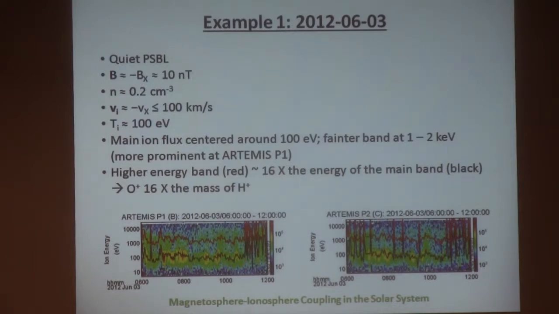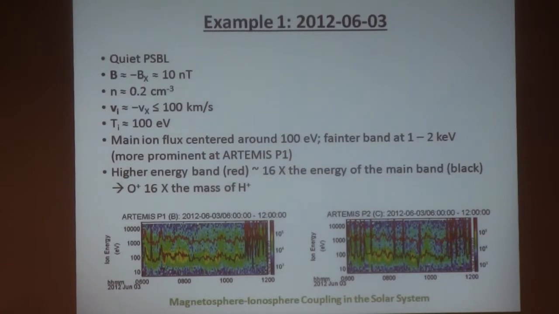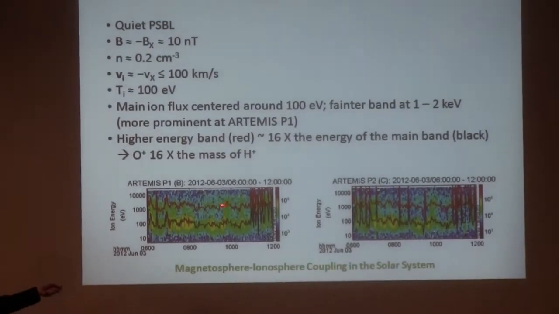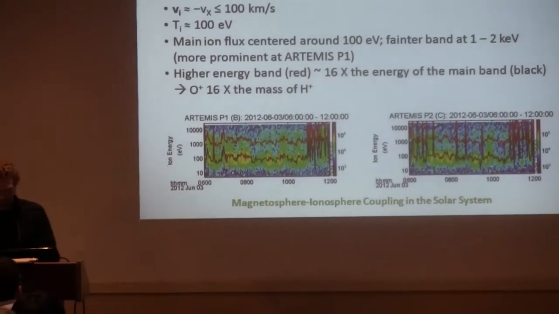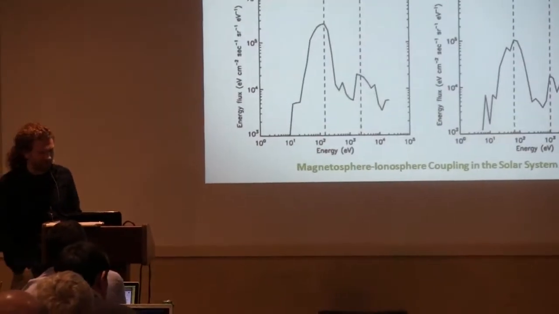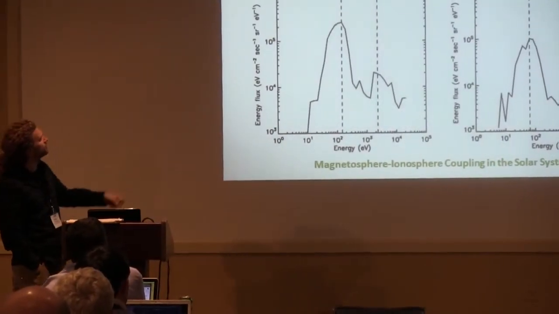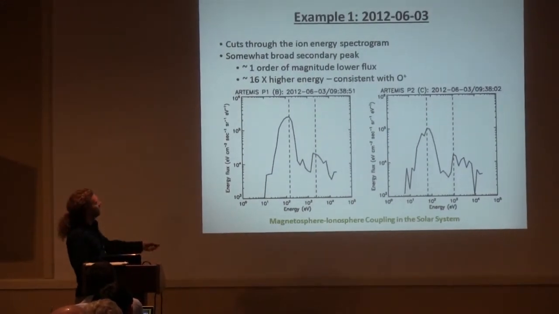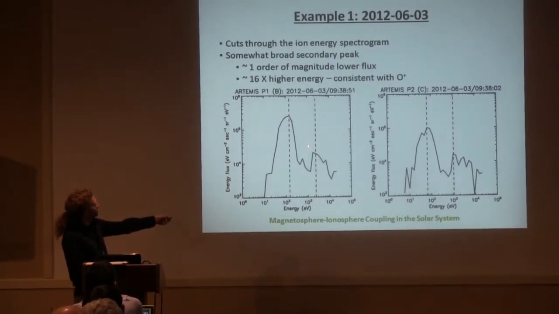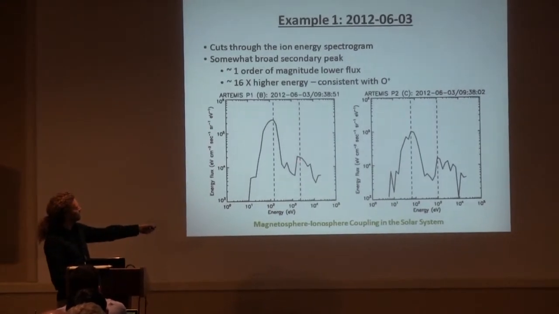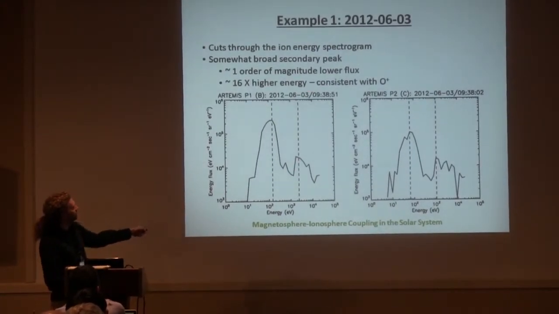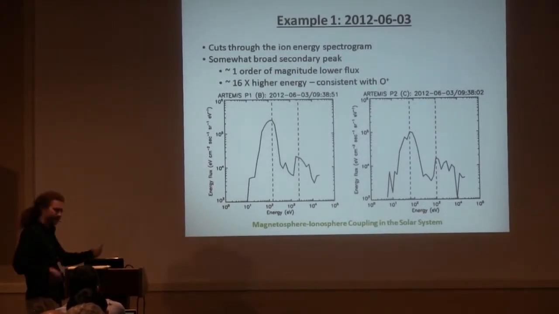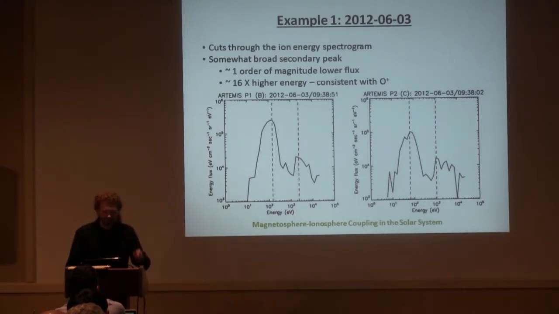And the red line is just multiply it by 16 and see where that lies in the spectrogram, and it seems to match it pretty well. And so we infer that this secondary peak is due to singly charged oxygen. And we actually look at some slices through the spectrogram, so it's a little more quantitative, and say, yeah, so here's the oxygen. There's a secondary peak here at 16 times the energy, and we see that in both Artemis probes. And so it's not inconsistent with oxygen.